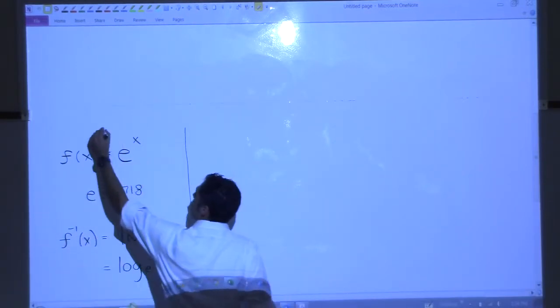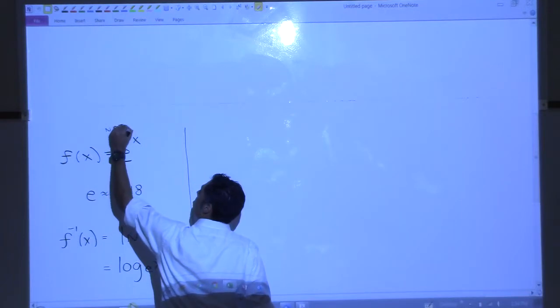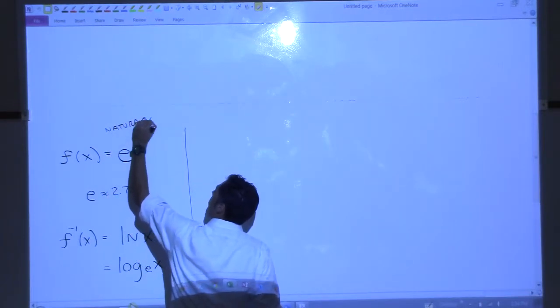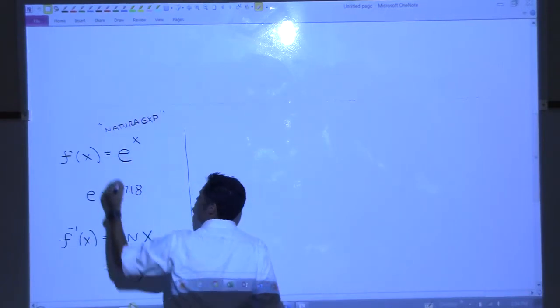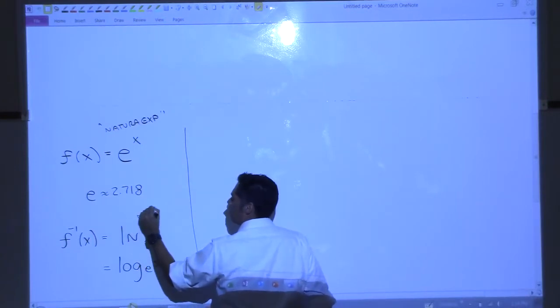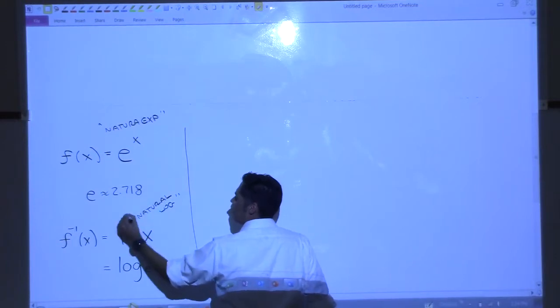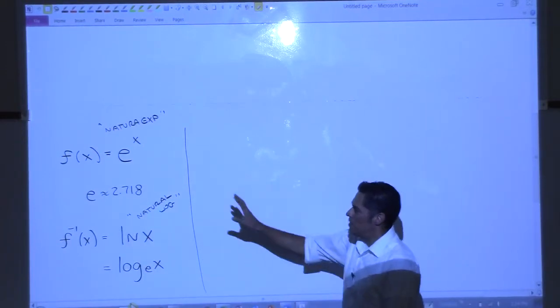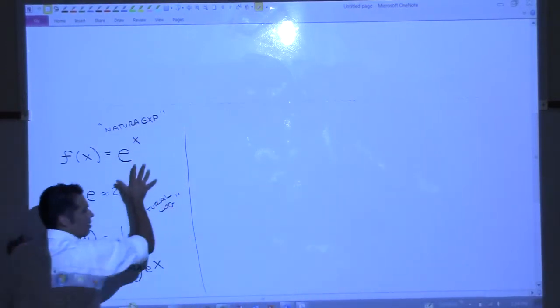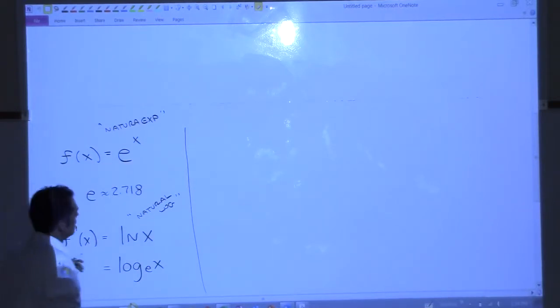This one was called the natural exponential function, and this one is called the natural log function, right? I tried to explain last class why this was so special, right at the end of class.